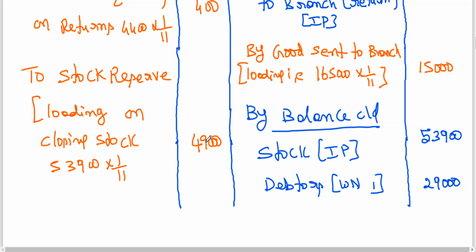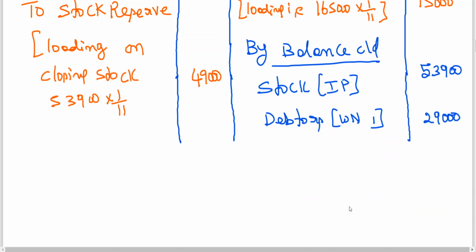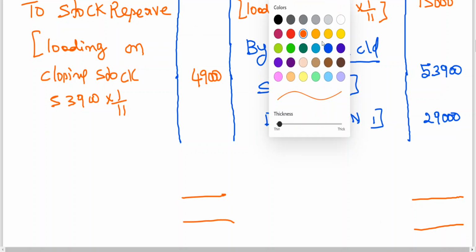Okay. Now everything has been taken out by us, so we can find out profit or loss. If credit side is showing more, you will be getting profit. If debit side is showing more, you will be getting loss. Okay.